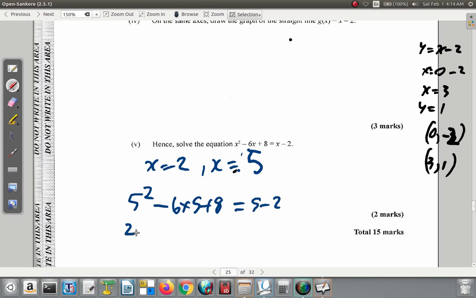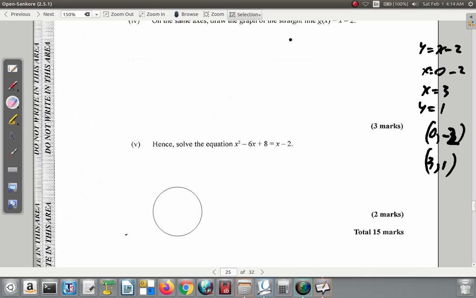So 25 minus 30 plus 8 is equal to 5 minus 2, which is 3. It is going to be 3. 25 minus 30 is negative 5. Negative 5 plus 8 is indeed 3. So the answers are correct. Alright? Good. So that's it for this question.